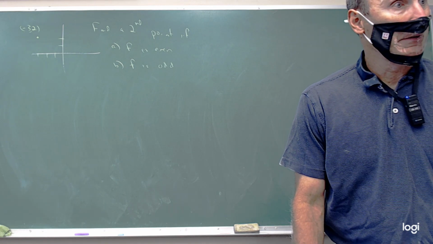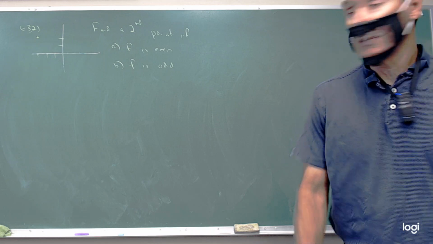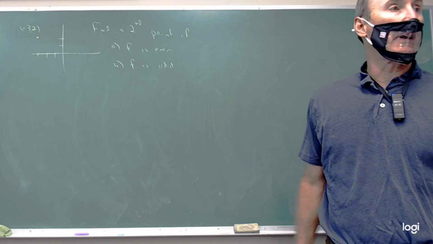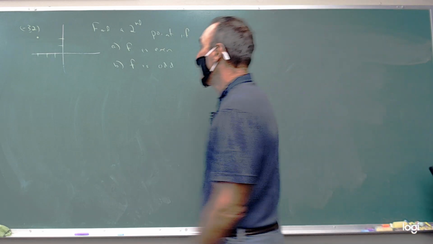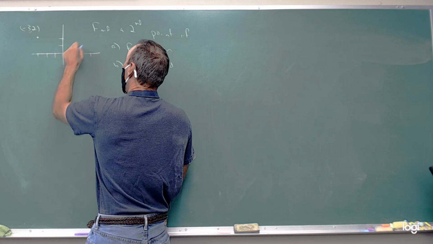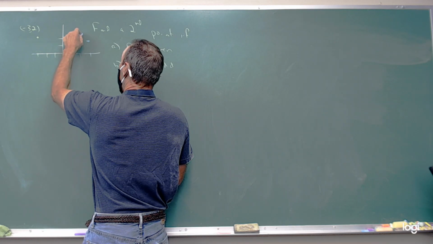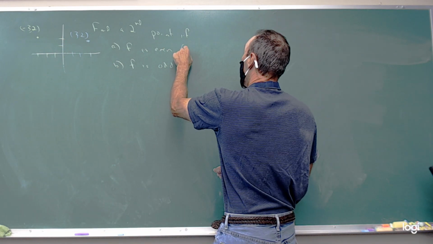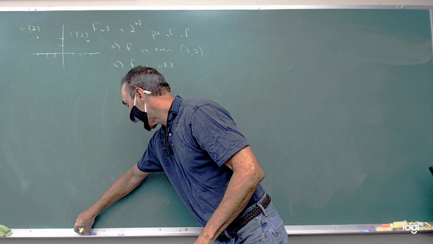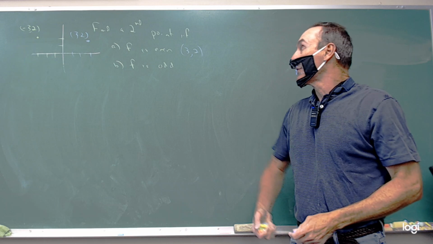What if it's even? What's another point on the graph? 3, 2. Exactly. Because you've got to have symmetry in the y-axis. So if you flip that, it's going to put you at 3, 2. That's exactly right.